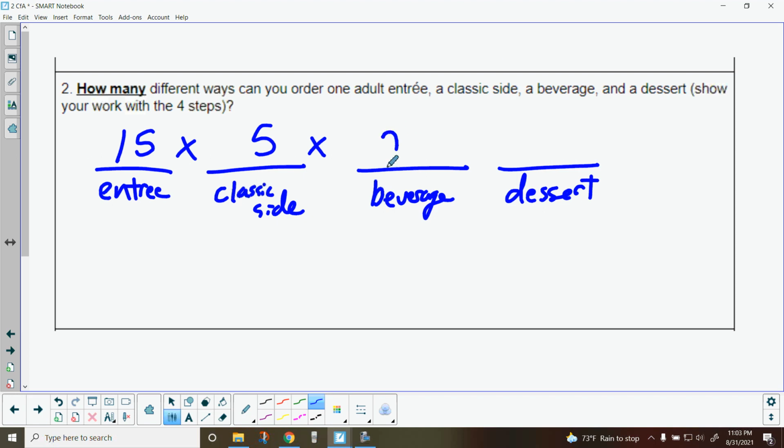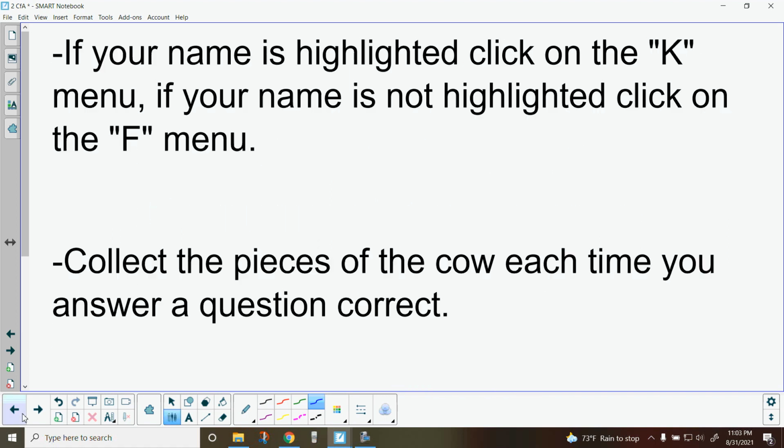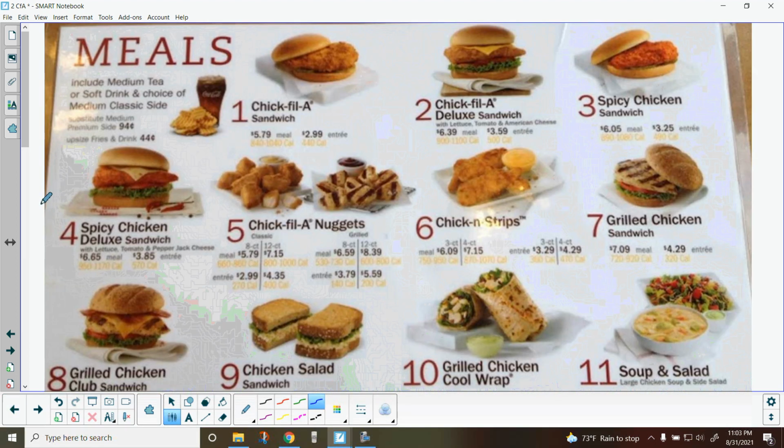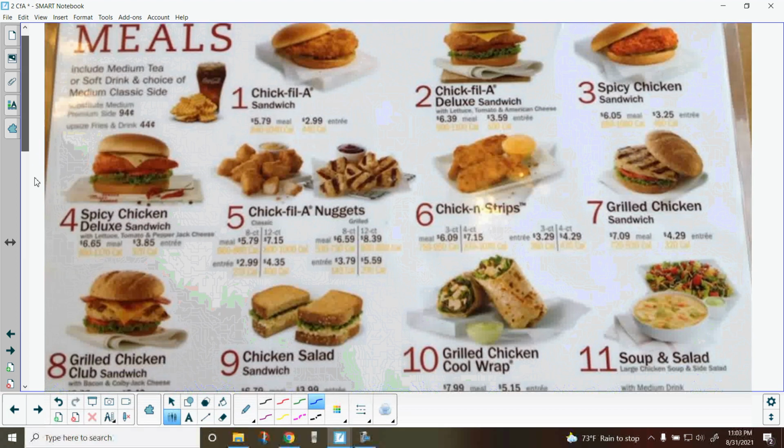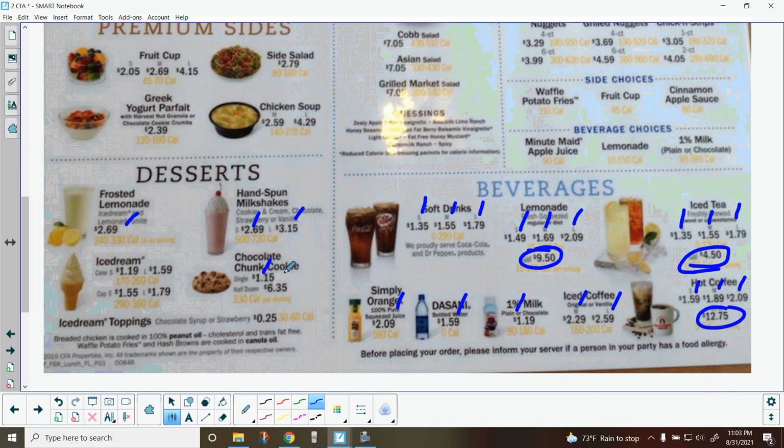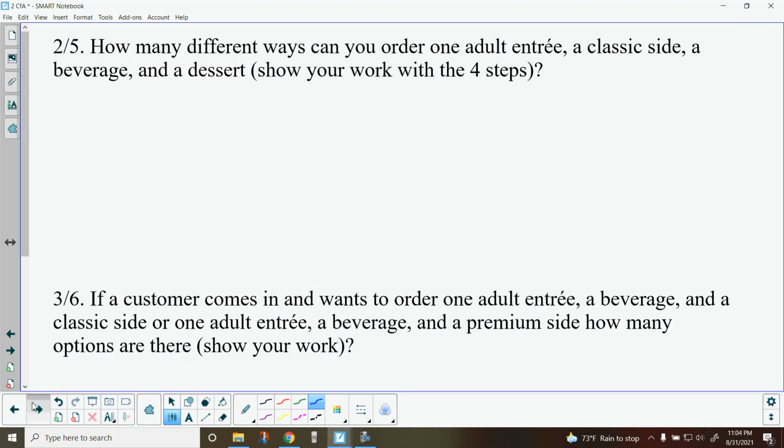And then dessert. And go down to the dessert. 1, 2, 3, 4, 5, 6, 7, 8, 9. We can ignore the toppings. 9.